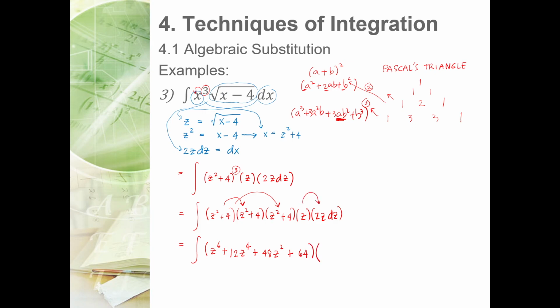Then try to simplify this one also. So 2z squared dz. Try to check if this one is correct. I just used Pascal's triangle to determine the shortcut method of expansion for binomials. Okay, so we have to multiply again with 2z squared to each term.